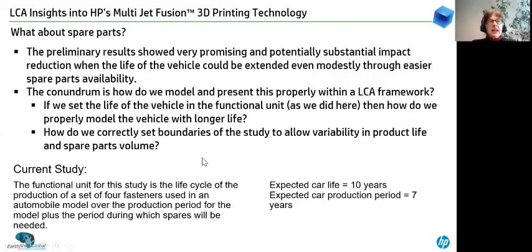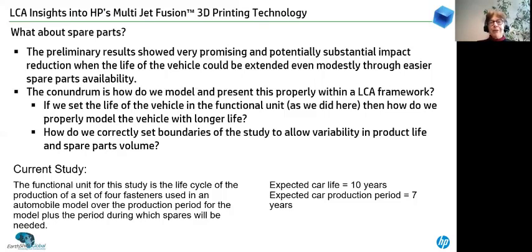One of the things that HP wanted to look at was, what if we change our distribution? We did look at that. There wasn't a whole lot of opportunity there from an environmental perspective. However, we did also look at, what if you have a car or a dishwasher, we talked about dishwashers a lot in this context, that you couldn't get a part for.